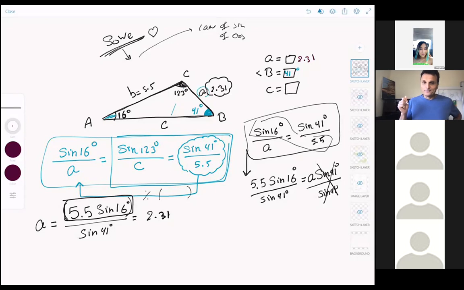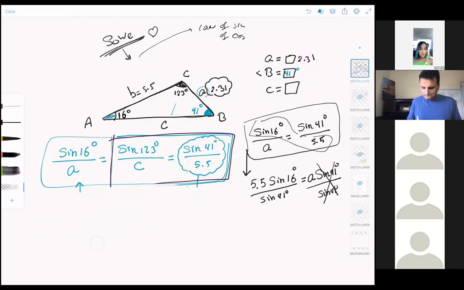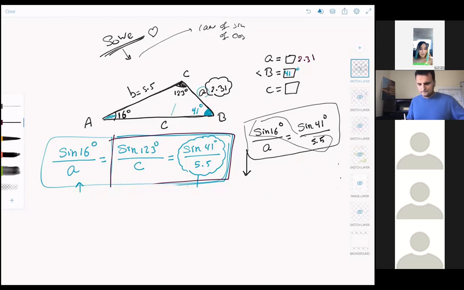We're going to use law of sine again, or we can use just these two. So we're going to have sine of 123 over C equal to sine of 41 over 5.5.